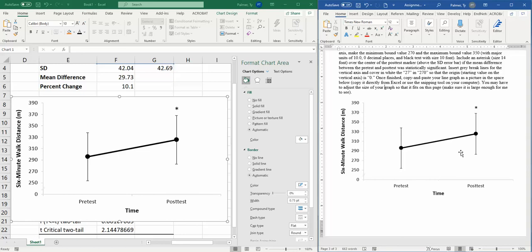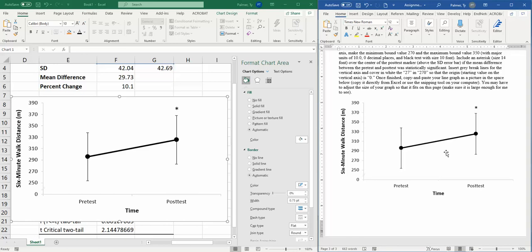That tells us that we need to maybe look elsewhere. We need to maybe try a different program to see if it may be more effective than the program that wasn't effective. So just because you don't find a statistically significant mean difference doesn't mean your study's worthless. It just means that maybe that particular program we tried wasn't effective at improving performance in that population.